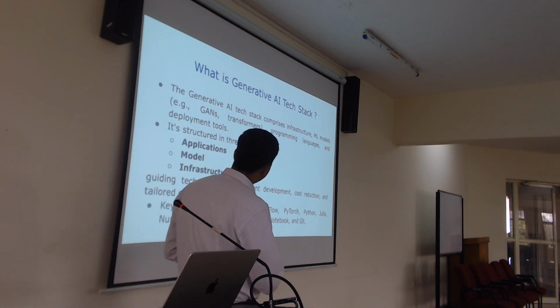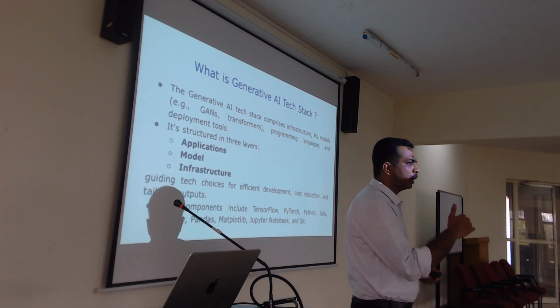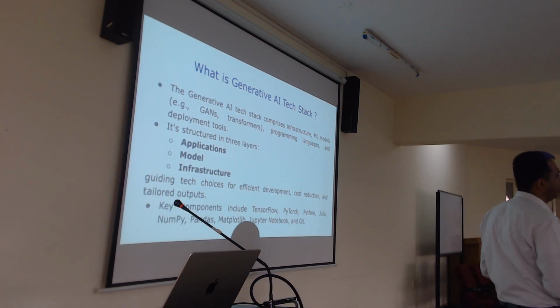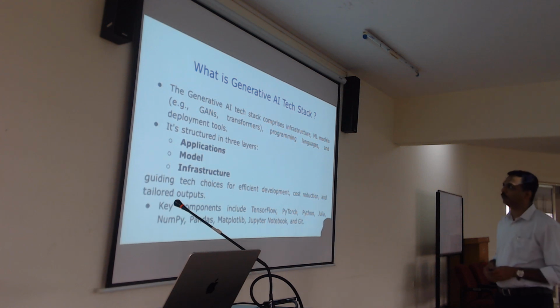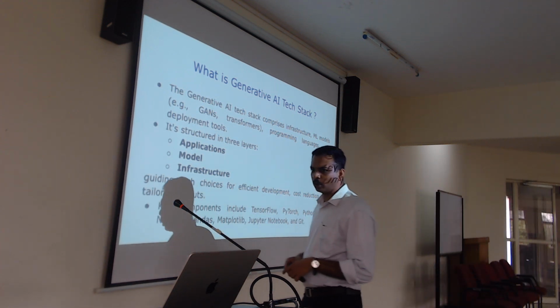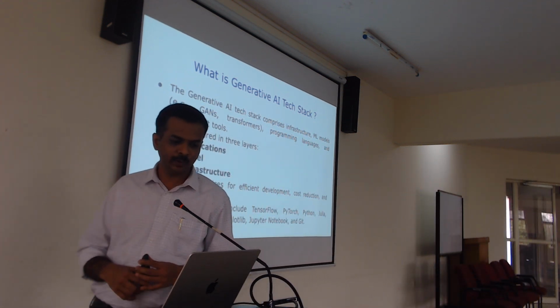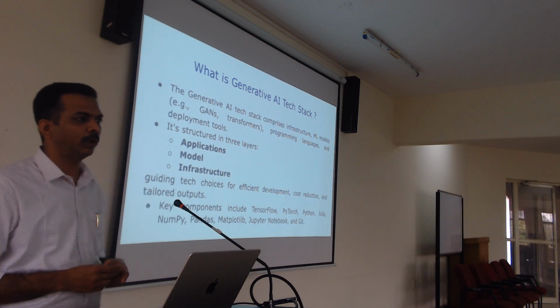So let us talk about the tech stack. What are the components you encounter in your tech stack? Whenever you talk about networking, we talk about the OSI stack, or ISO stack, right? Similarly, whenever you talk about GenAI, you have a well-defined tech stack. So let us try to understand what components it contains. Whenever you talk about the GenAI tech stack, you can classify it into 3 layers.